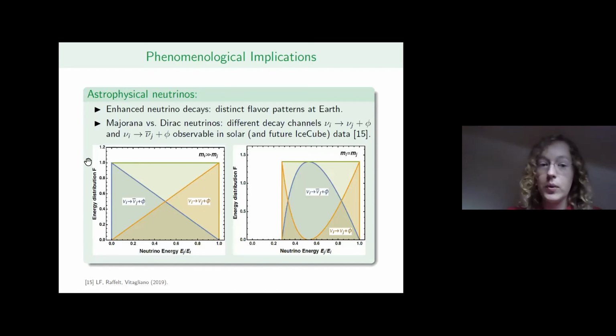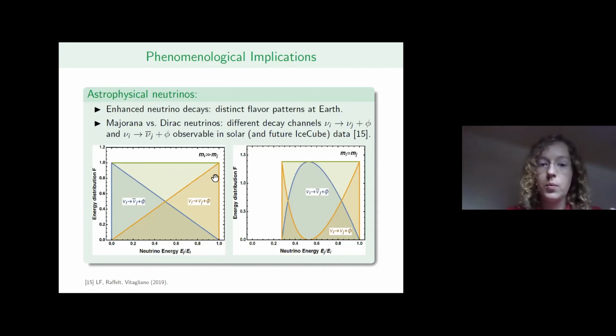For example, if we look at the energy distribution of the daughter neutrino. So this is the distribution of the daughter neutrino in this decay as a function of the relative neutrino energy, and you see that the Dirac and Majorana cases give different energy distributions. The Dirac case is this orange triangle here, and the Majorana case also allows for this blue triangle.